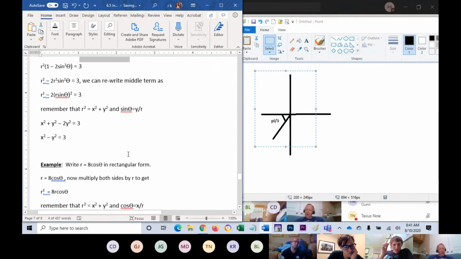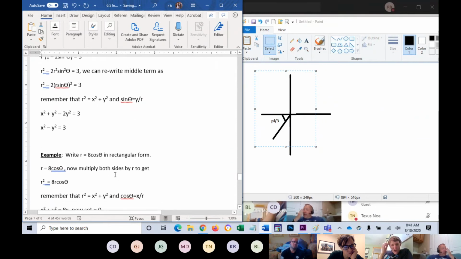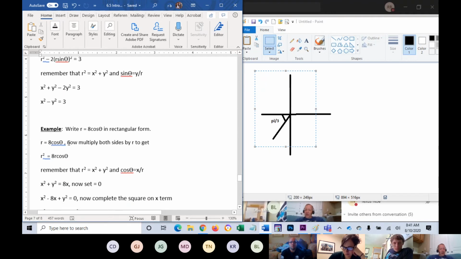Okay. All right, let's write 8 cosine theta in rectangular form. So if I do this, I've got r equals 8 cosine theta. I can multiply both sides by r to get r squared equals 8r cosine theta. We remember that r squared equals x squared plus y squared.